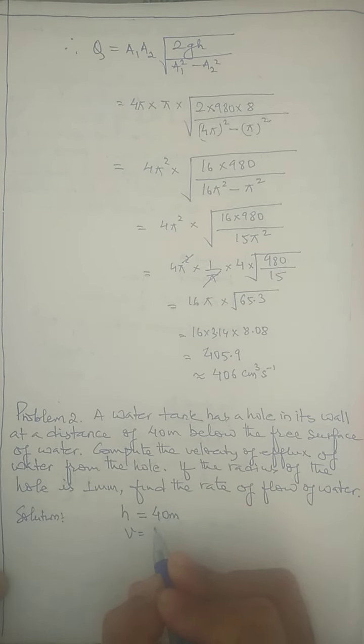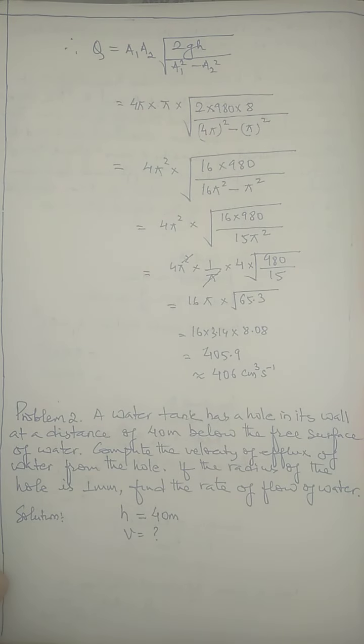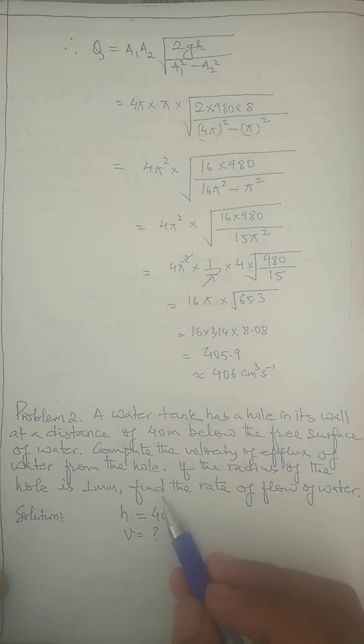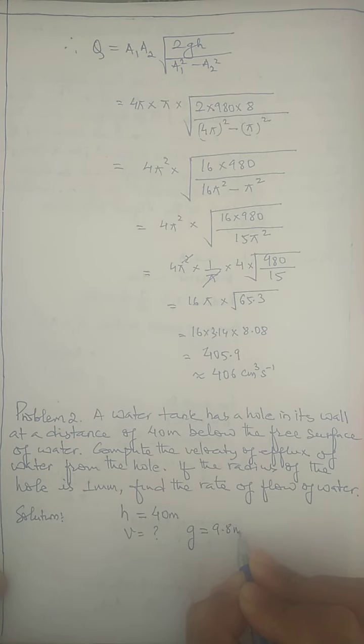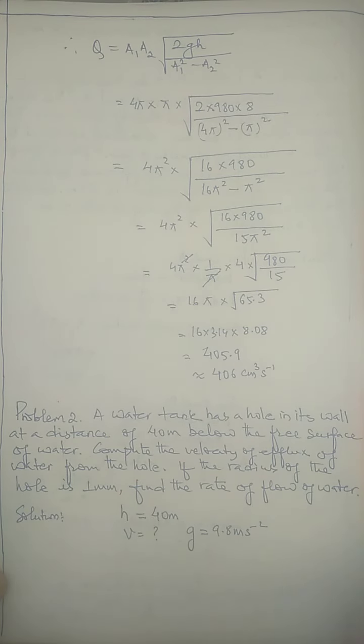Velocity of efflux means v you need to find out. v is the symbol we use for velocity of efflux of water. In this question, we consider the value of g as 9.8 meter per second square, because the average value of acceleration due to gravity on the earth's surface is 9.8 meter per second square.